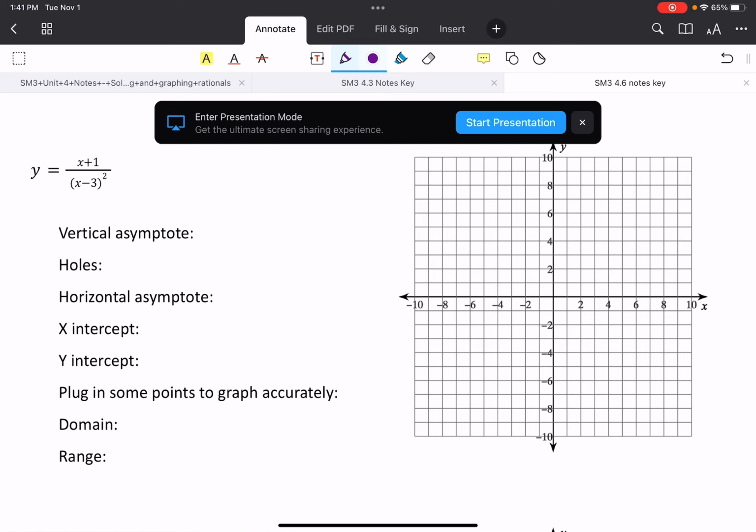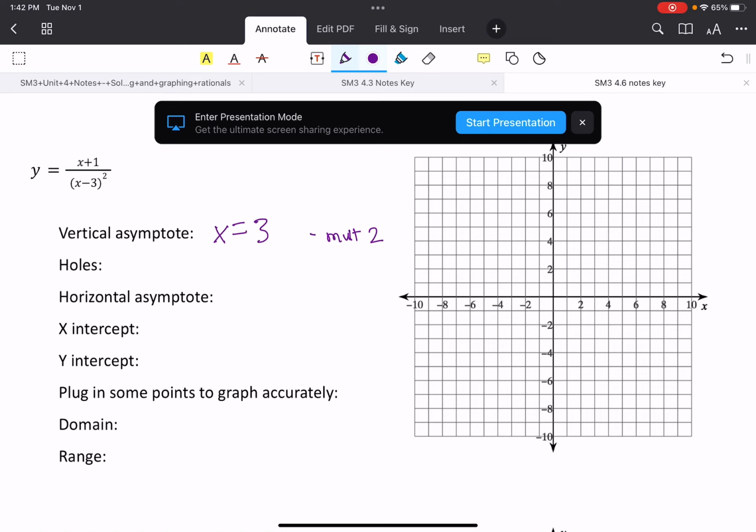It's 3, but we're going to make a note, multiplicity 2.